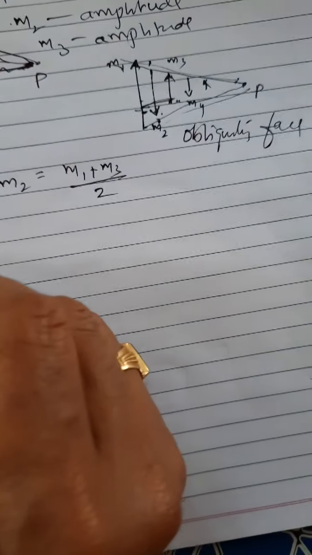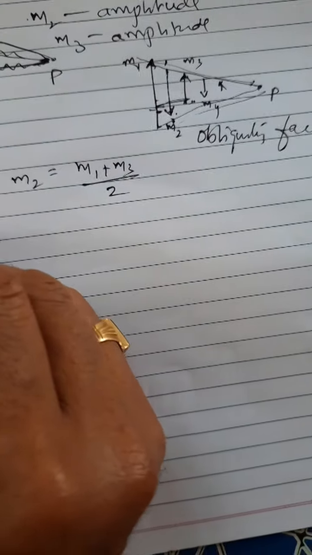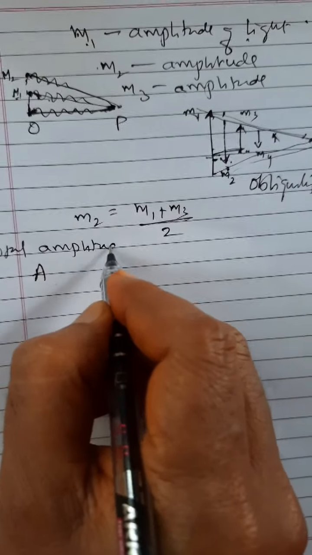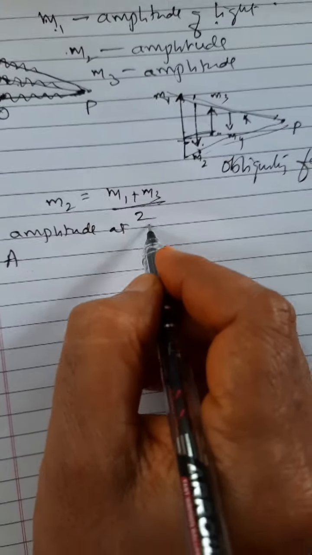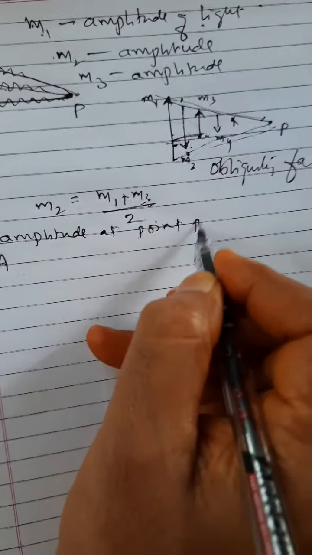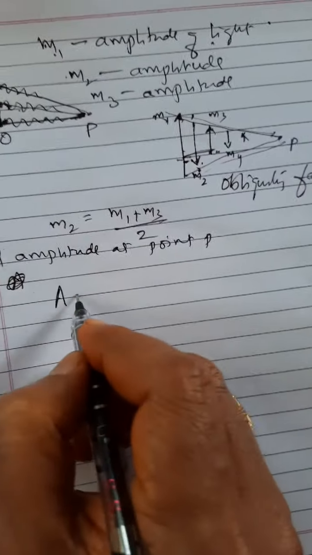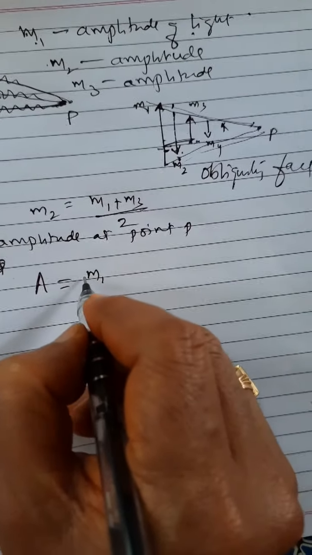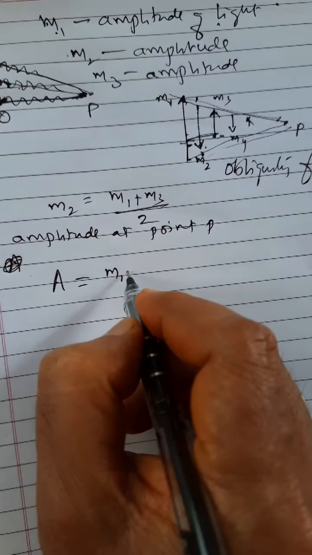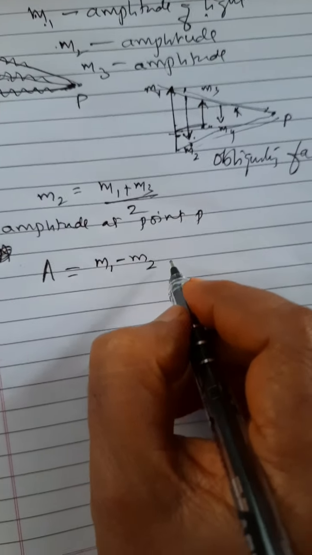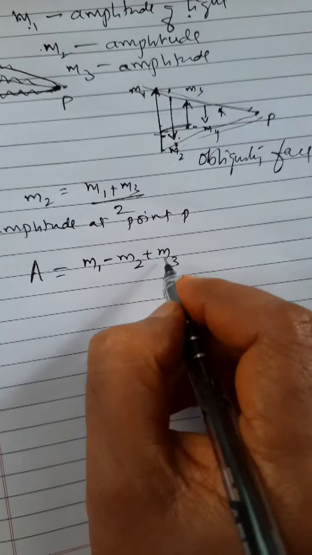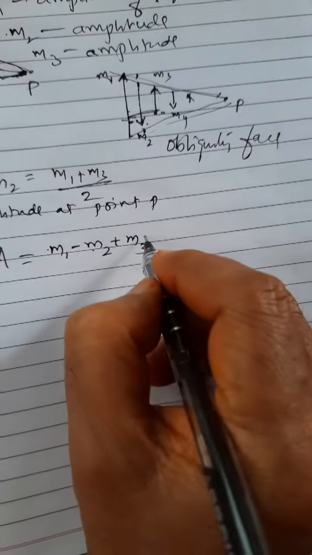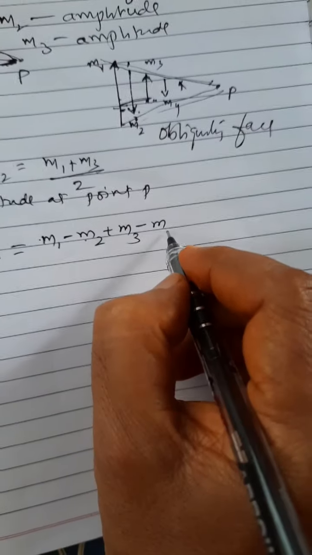So the total amplitude at point P is equal to A, and this can be M1. If I take this as plus, then M2 is minus because it is out of phase. Again M3 plus, because all odd are in the same phase, even are out of phase with the odd ones.